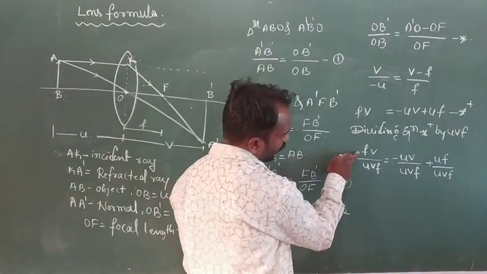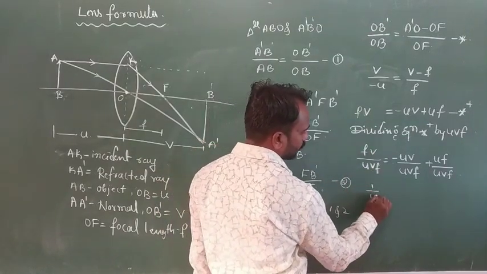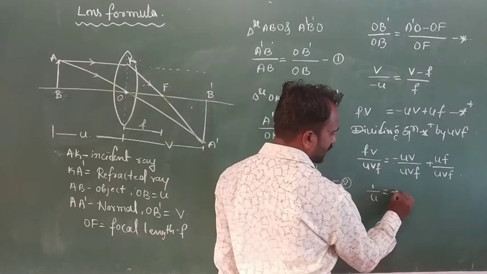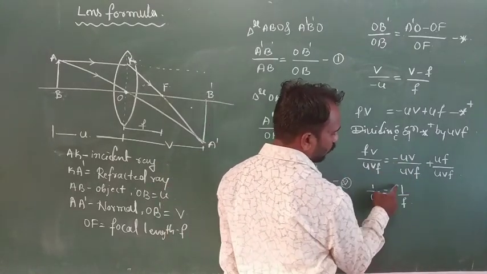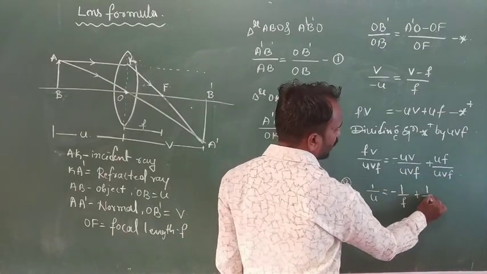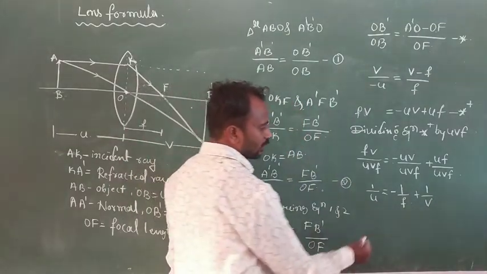Okay, so here FV cancels, it means 1 by U, and here UV cancels, minus, 1 by F, plus UF cancels, 1 by V.